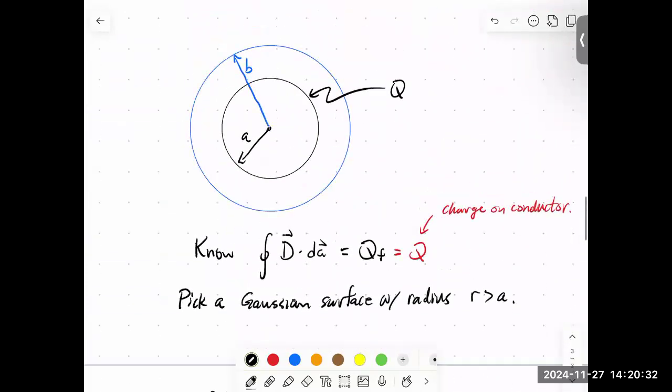And that makes sense, because if this free charge Q is positive, then it's going to polarize our dielectric material such that the negative would be near the inner radius of our dielectric, and we'd get positive on the outer part.